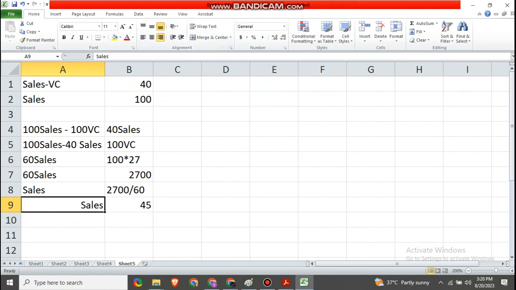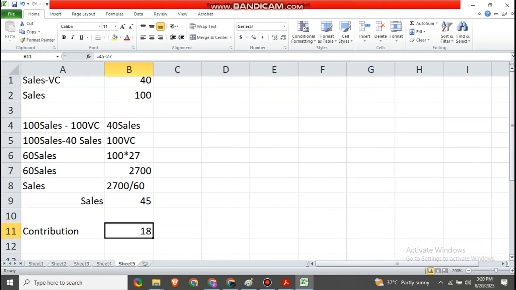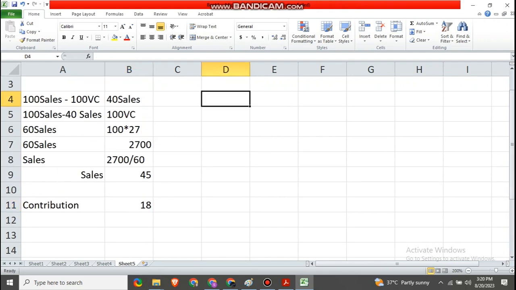Okay, now if the sales is 45 and the variable cost is 27, then we can find the contribution, which is 45 minus 27, which is 18. So $18 is my contribution. Okay, let's do it on this side.